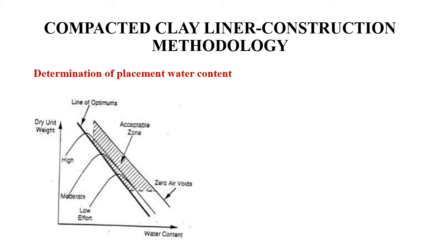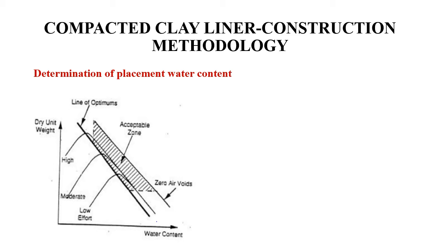And then you will also draw the 100% saturation line. So you will know the difference at which the optimum moisture content is present in the clay. This shaded portion will give you the range of values from which you can choose a particular value to be taken as the placement water content, or the ideal water content to be used for the clay material at site.